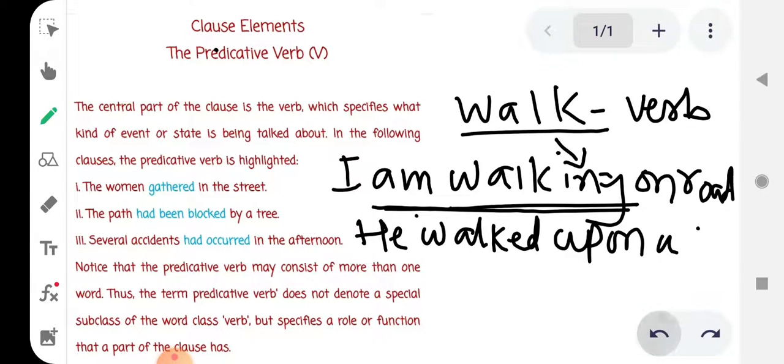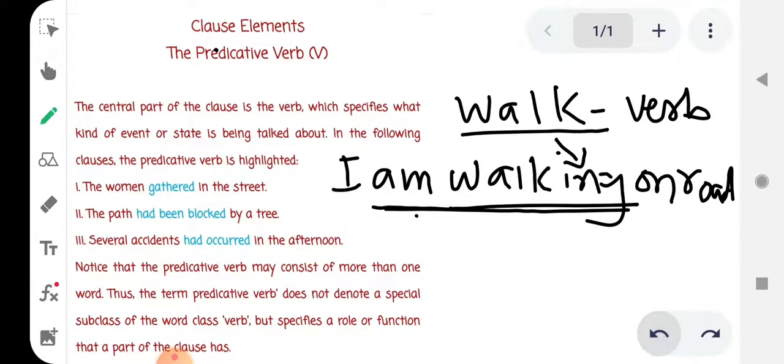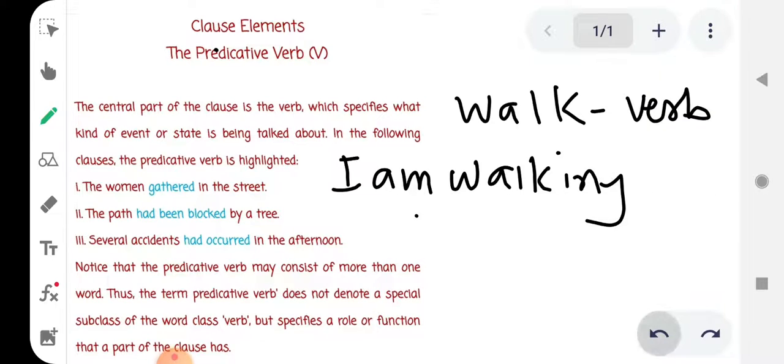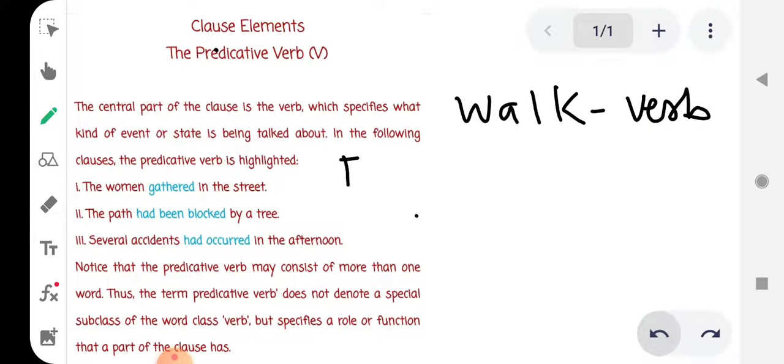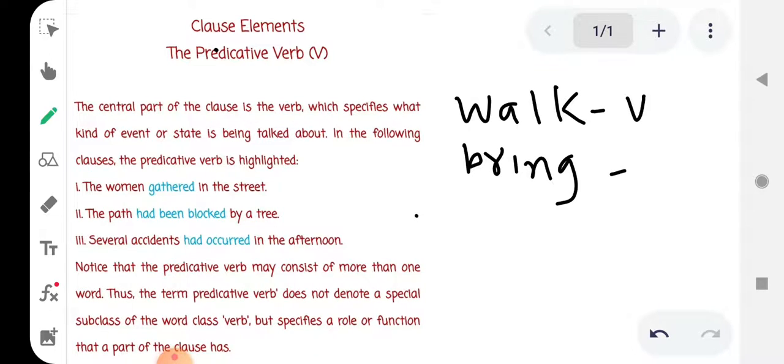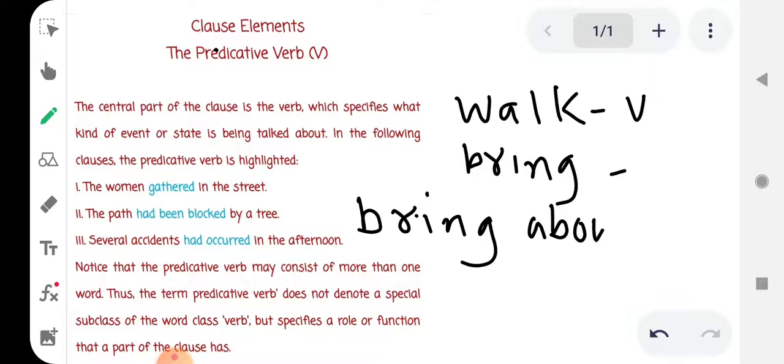Sometimes we say bring, but when I just simply say bring as a verb, bring means to carry. But when I use bring out or bring about, the total meaning of this verb changes.